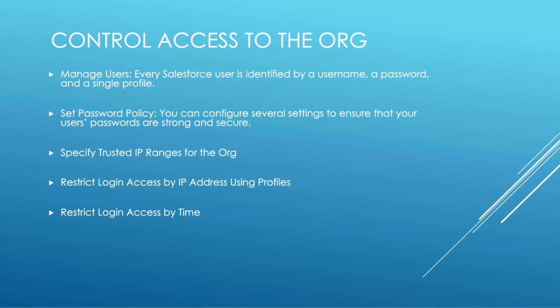If you decide your call center employees really only need to look at customer data while they're taking phone calls, 9 to 5, you can make it so they can't log in during evenings and weekends. These are typical examples of how to control access to the org by restricting login access by time and by IP address using profiles, and specifying trusted IP ranges for the org.